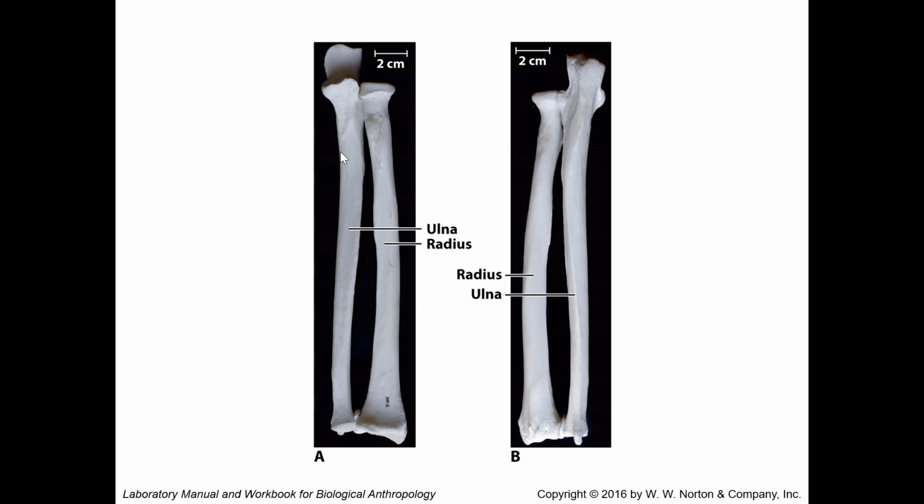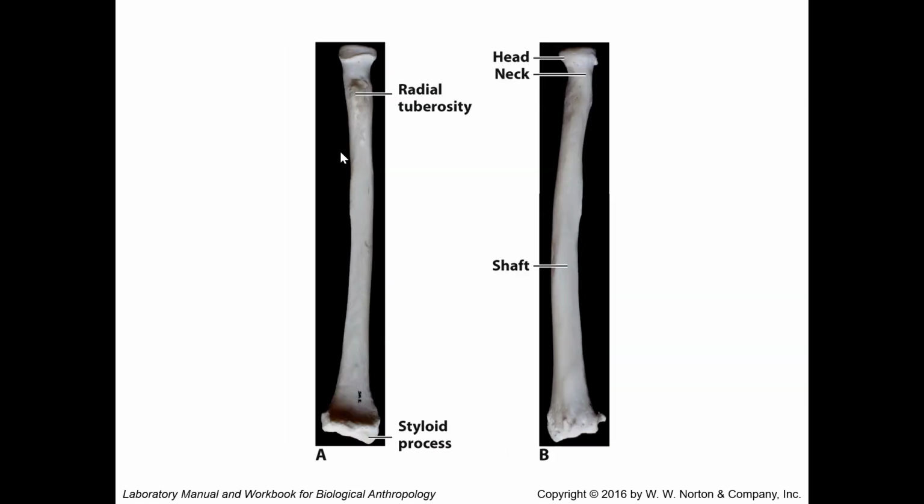The proximal end of the radius has a round depression called the head, which articulates with the capitulum of the humerus. Below the head, there is a projection on the anteromedial surface called the radial tuberosity. This is an attachment for your biceps muscle.